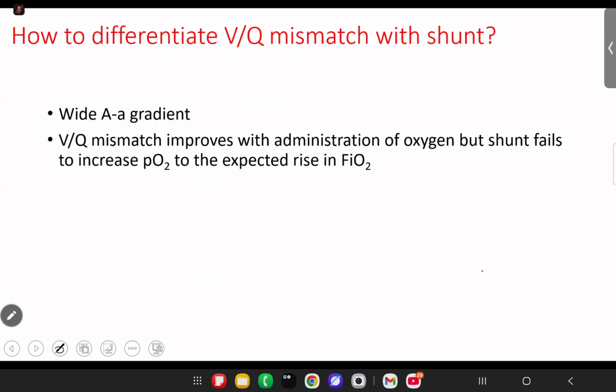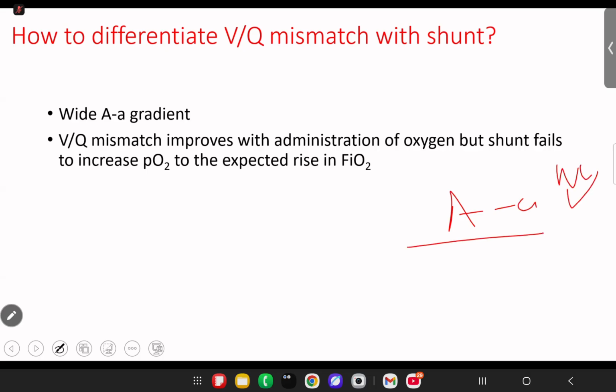So in a clinical setup, how do you differentiate VQ mismatch and shunt? From the previous one, I have mixed up the slides. When you have a wide AA gradient, hyperventilation is the other one I forgot to mention, because there is no problem with the alveolar capillary membrane, the AA gradient is normal.